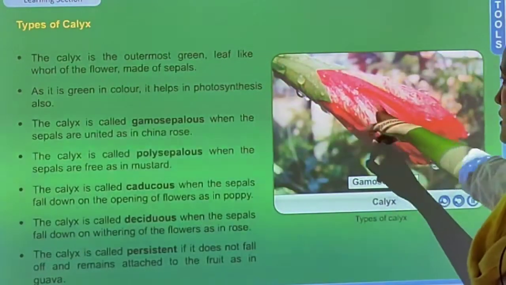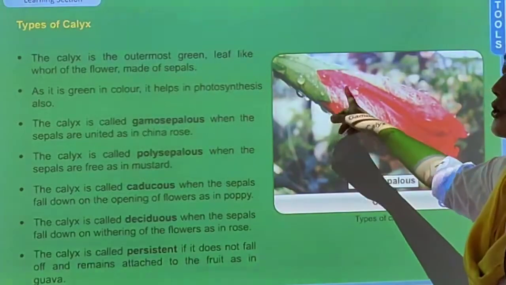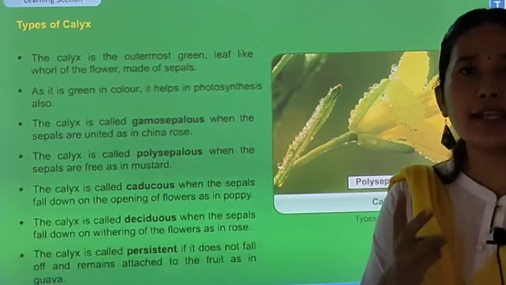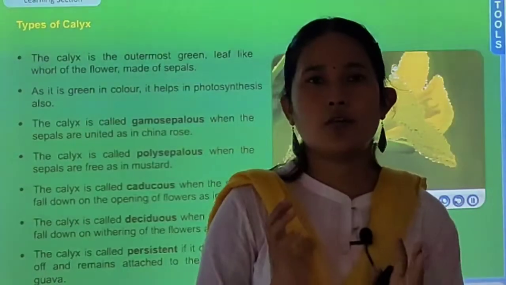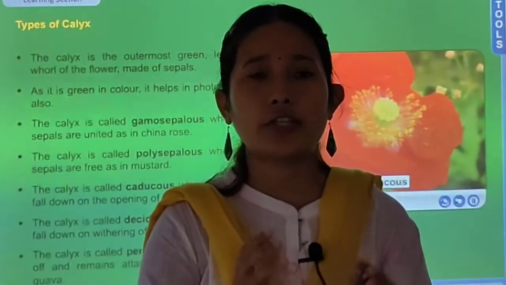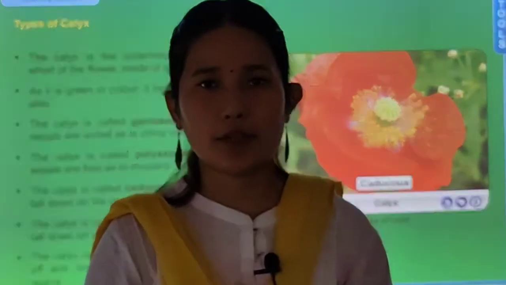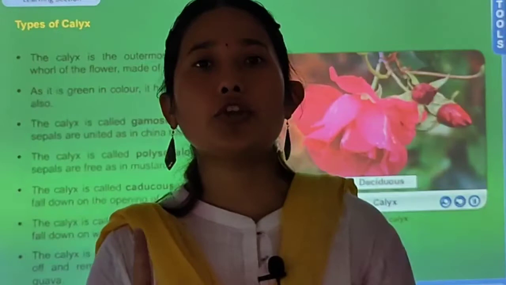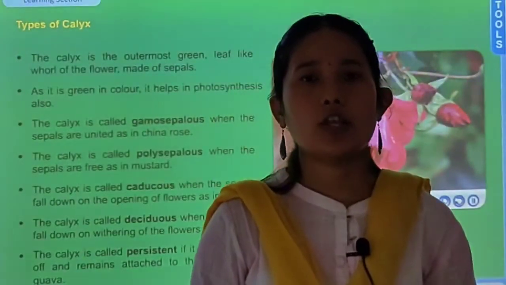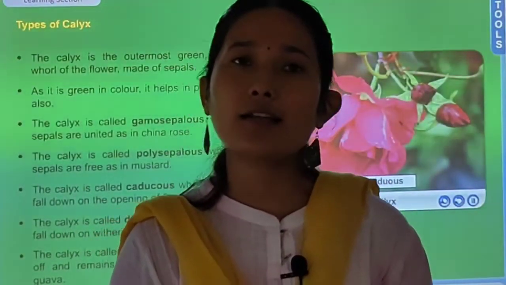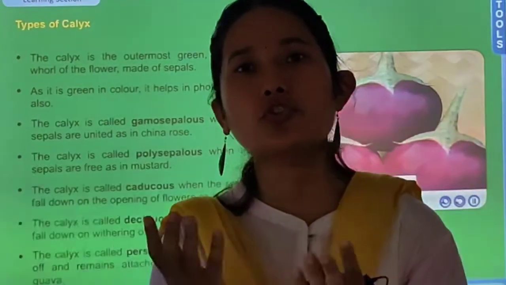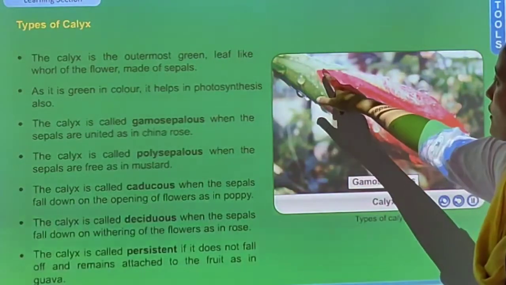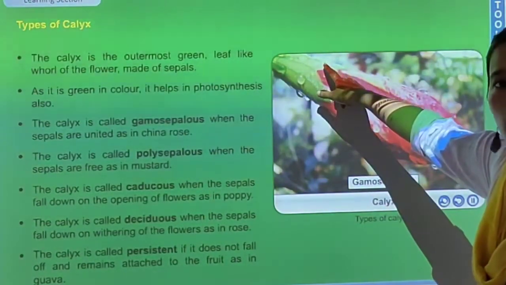You can see this hibiscus in its bud stage, the protection of the flower in the bud stage is done by the calyx. Now the calyx, on the basis of whether it is fused together or free, can be divided into two types, gamosepalous and polysepalous. Gamosepalous are sepals which are fused together, one sepal is attached to another sepal.